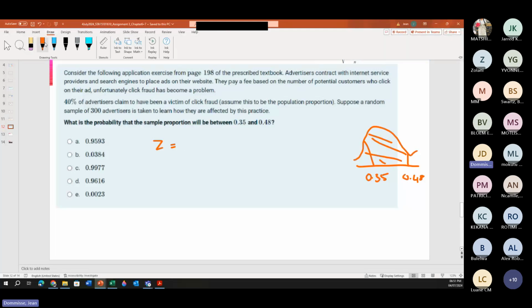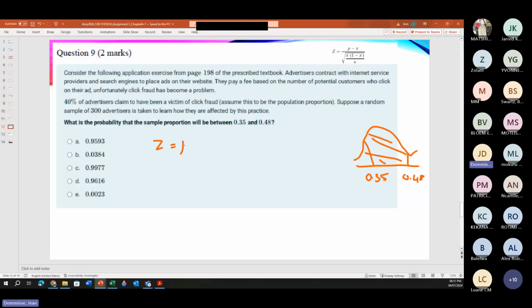Again, for the proportion of 0.35, we're going to work it out, and then for the proportion of 0.48, we're going to work it out. So those are the two formulas that we will use.